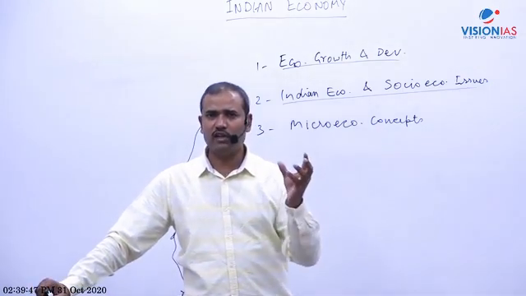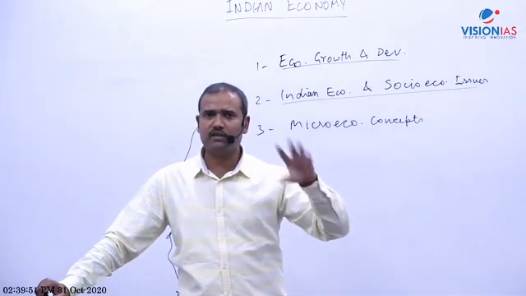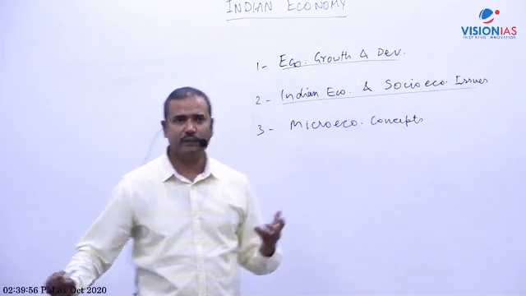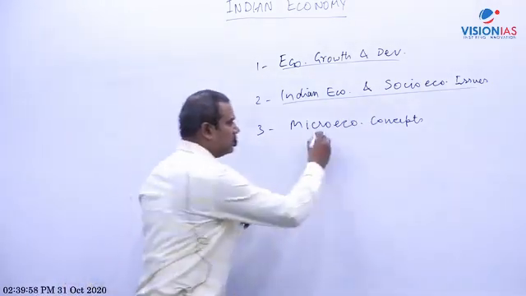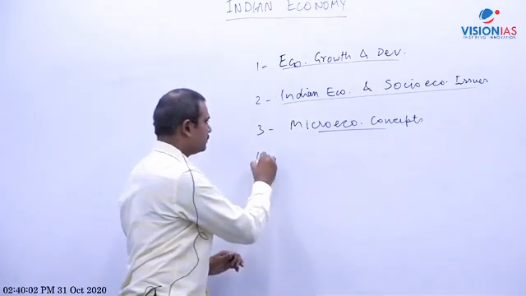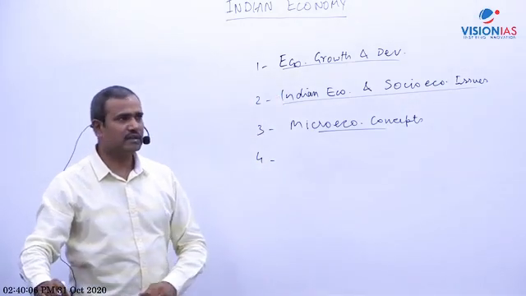I will give you the rationale or justification for economic reforms with the help of these curves. So I will connect the theory with the application in this chapter. I'm giving you a recap, the outline of what we will discuss.